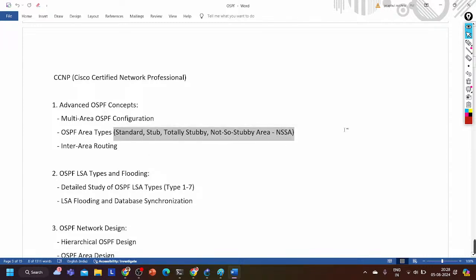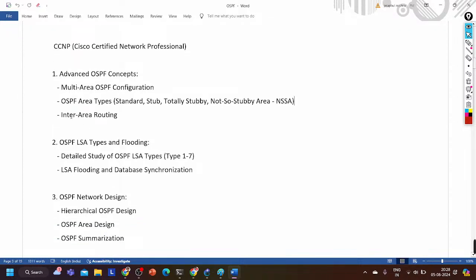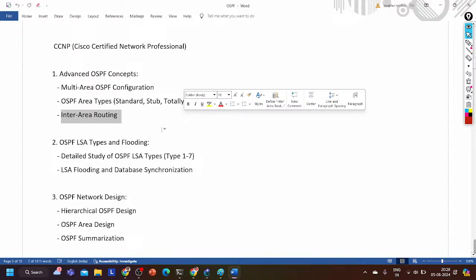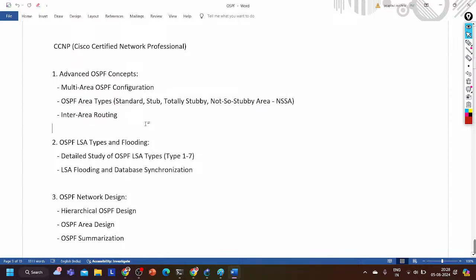We will discuss all these, and guys, again, these are advanced concepts and you have to learn them to configure or implement OSPF in real time in a company network. Then inter-area routing, how to make communication between two different areas, how to troubleshoot OSPF between two different areas, the differences between forming neighborship of OSPF within an area and between areas.